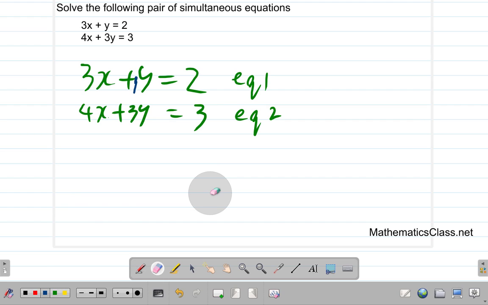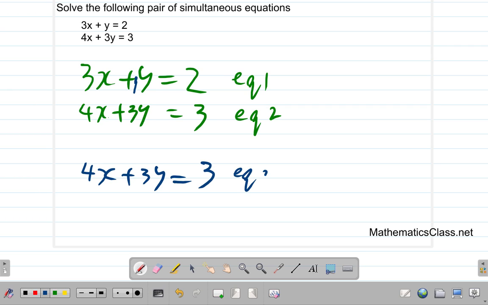I see something. I have an idea. Equation 2 has a 3y. Notice if you multiply 1y by 3, you get another equation with a 3y. So let's try that. Let's rewrite equation 2. 4x plus 3y equals 3.